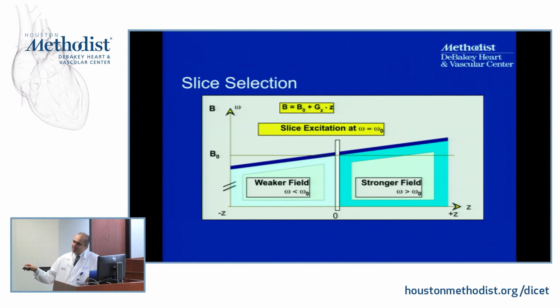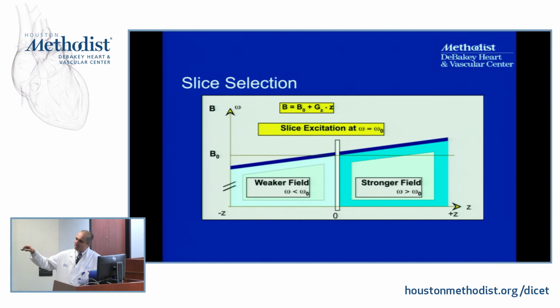So in this example, at a 1.5 Tesla scanner, right here at the very isocenter as we call it, those protons are spinning at 64 megahertz. The protons up here are going to be spinning a little bit faster than 64 megahertz, and the ones down here a little bit less than 64 megahertz. Depending upon where I want to image my slice, the scanner will send in an RF wave that corresponds to whatever slice location I told it to.